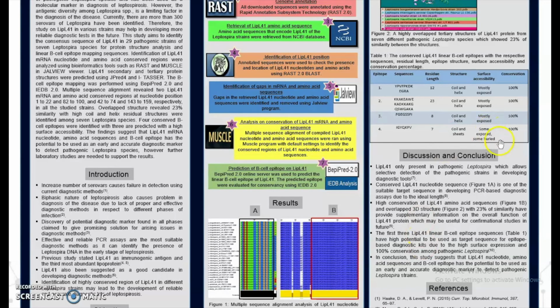Then interestingly, 3 of the linear B-cell epitopes predicted have shown a great potential to be used as target sequence for epitope-based diagnostics.